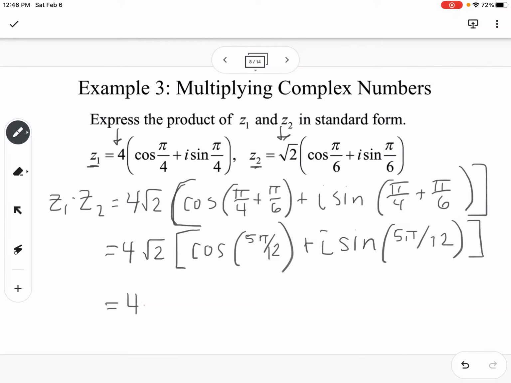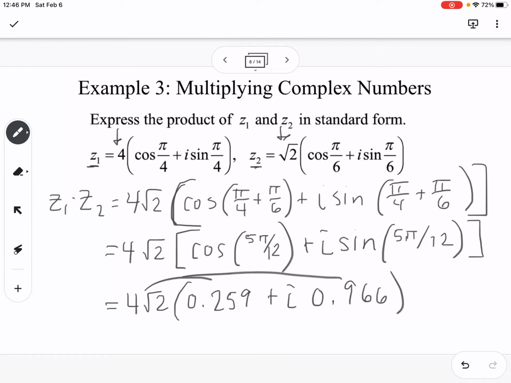We can take 4 times the square root of 2 times, if I put cosine of 5 pi over 12, and I make sure my calculator is set to radian mode because my angle is in radians, I get 0.259 plus i times, same thing, if I type in sine of 5 pi over 12 in radian mode, I get 0.966. Then I can distribute, and I end up with about 1.464 plus 5.464 i.